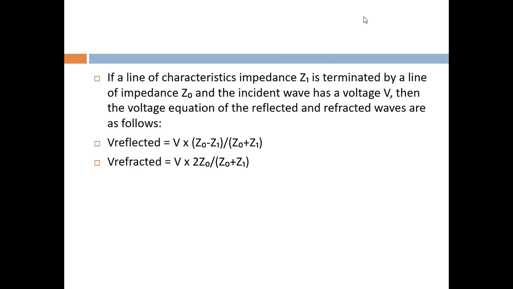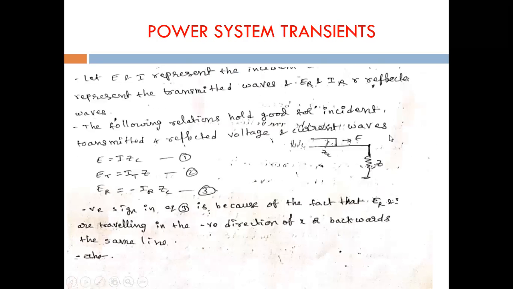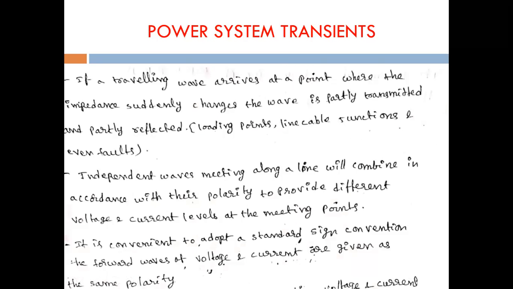Now, what is meant by refraction and refracted waves? Suppose the traveling wave starts from a particular point where the impedance suddenly changes. Then the wave is partially transmitted and partially reflected.